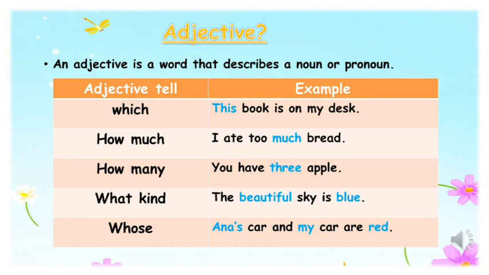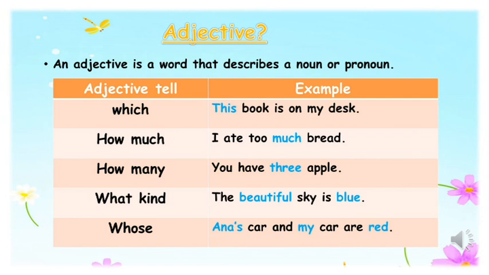And finally, whose. Whose means who does it belong to or who owns it. Anna's car and my car are red. This sentence has 3 adjectives, but only 2 of the adjectives tell whose.